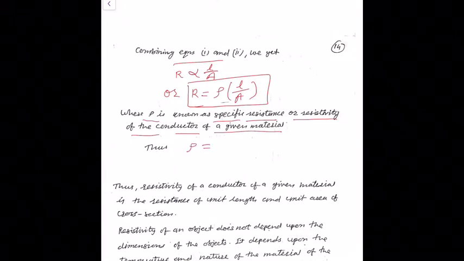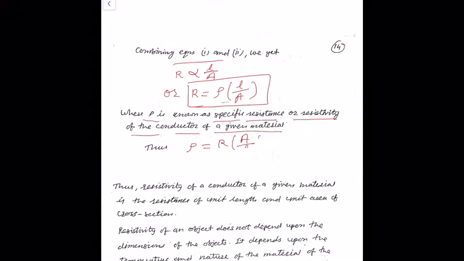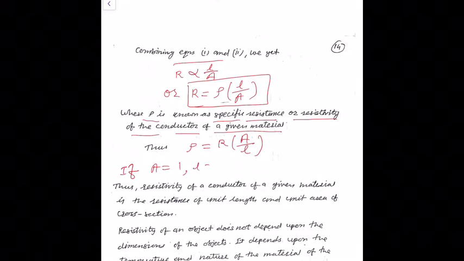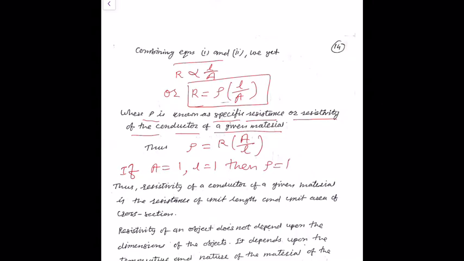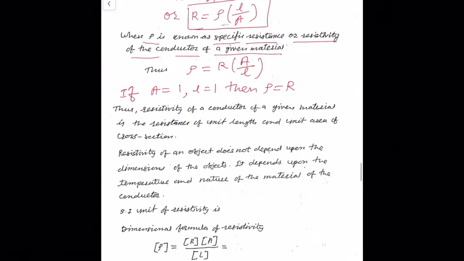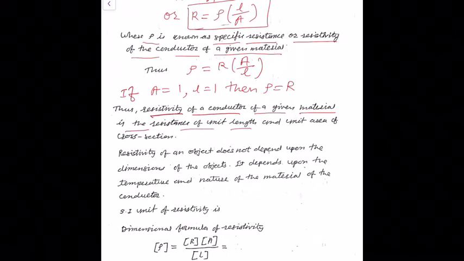Thus, rho is equal to R into A upon L. If A is equal to 1, L is equal to 1, then rho is equal to R. Thus, resistivity of a conductor of a given material is the resistance of a unit length and unit area of cross section.